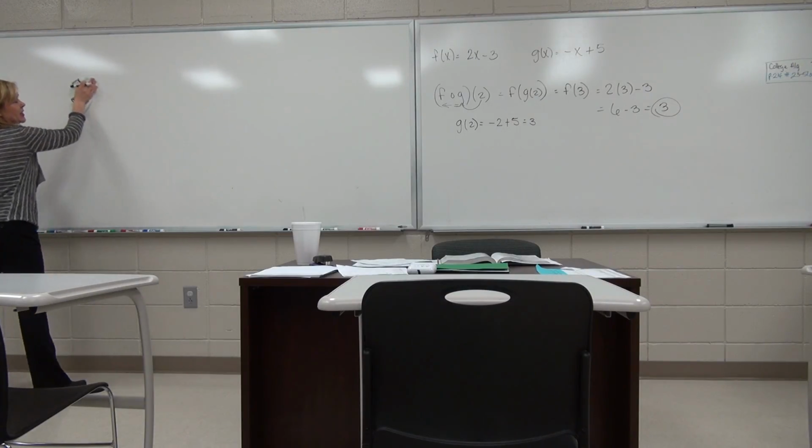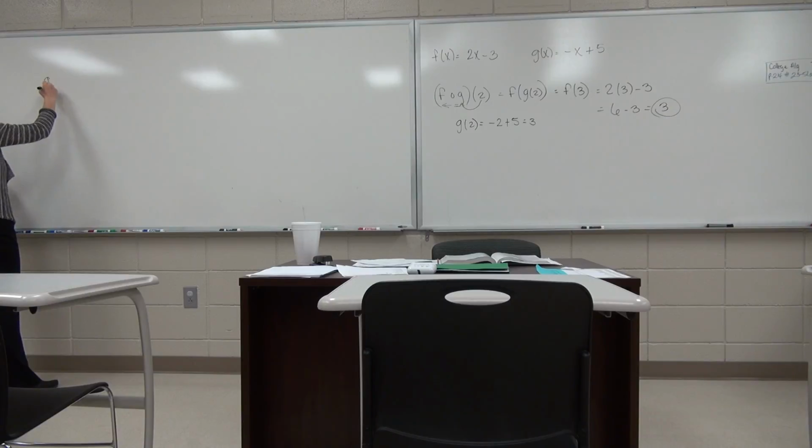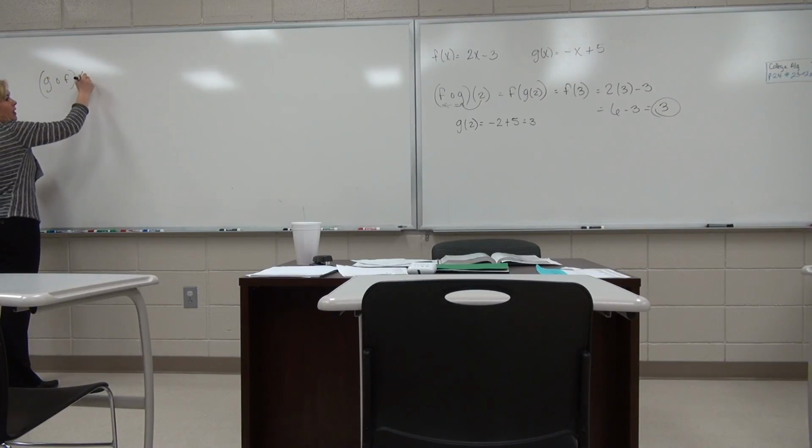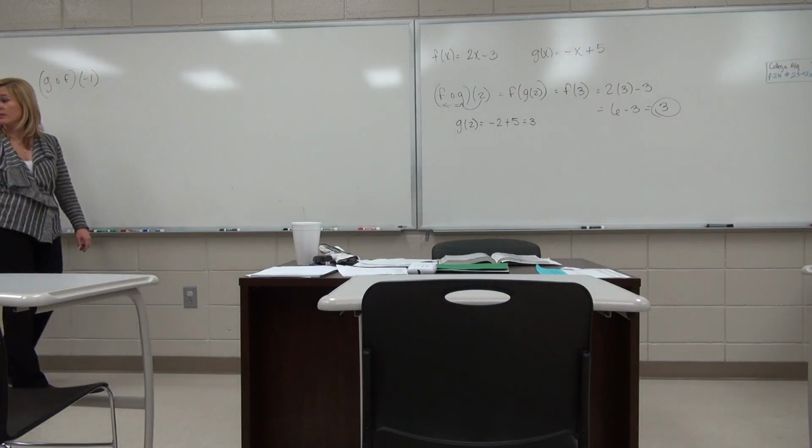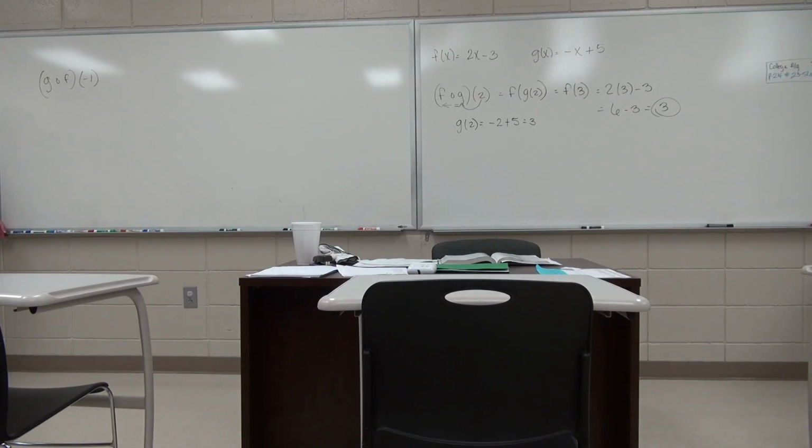Let's do another one here. Let's say this time I want to find g composed of f of negative 1. That means I put the negative 1 into the f function, get the answer, and put that answer into the g function.